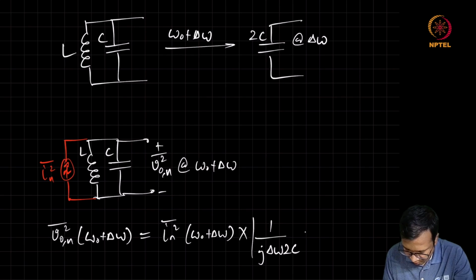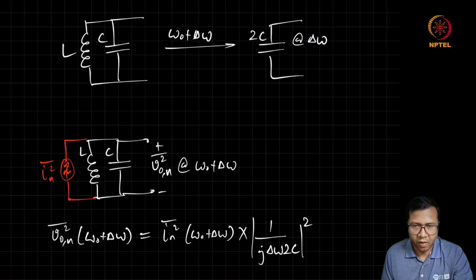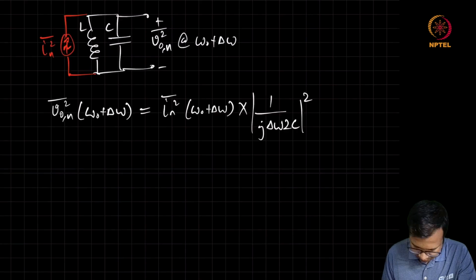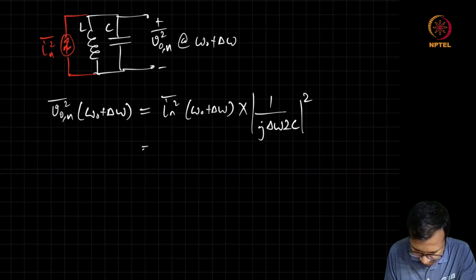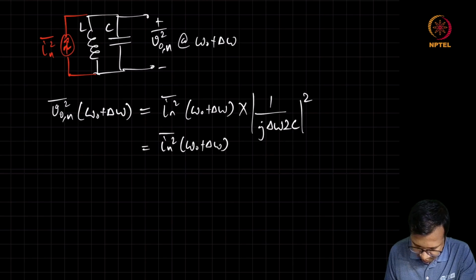We are going to take a square of this magnitude. So it is going to be equal to the current noise PSD multiplied by 1 by 4 delta omega square C square.